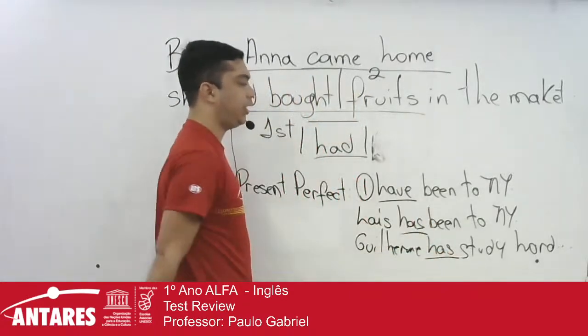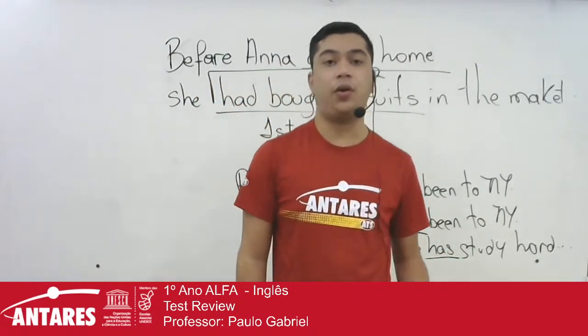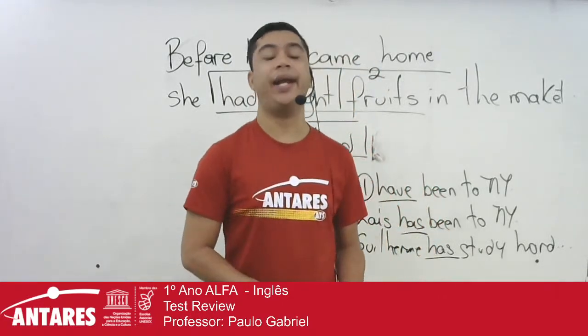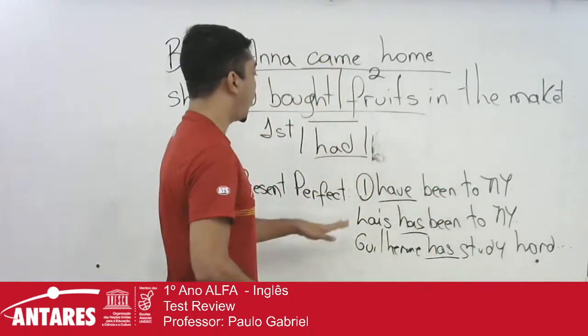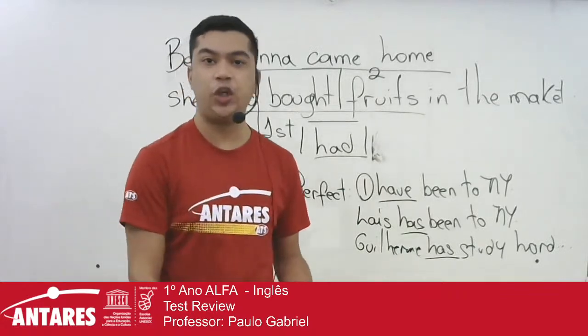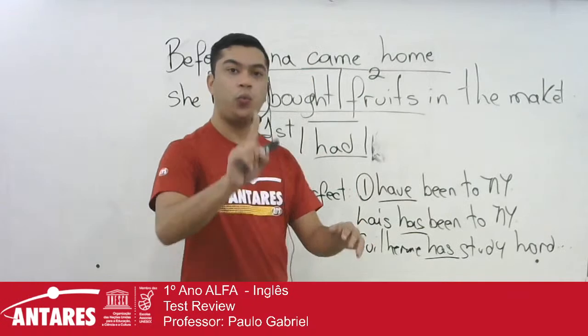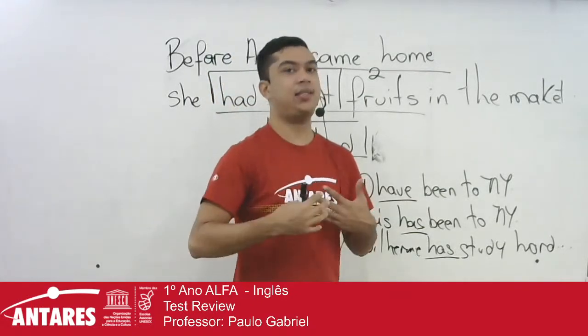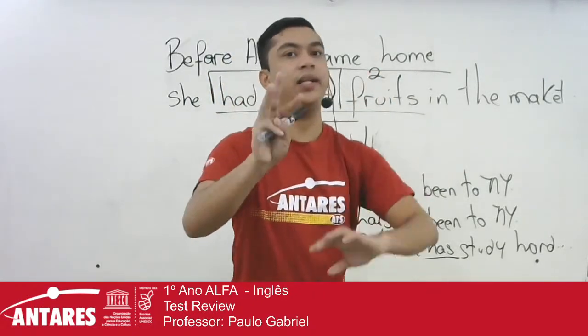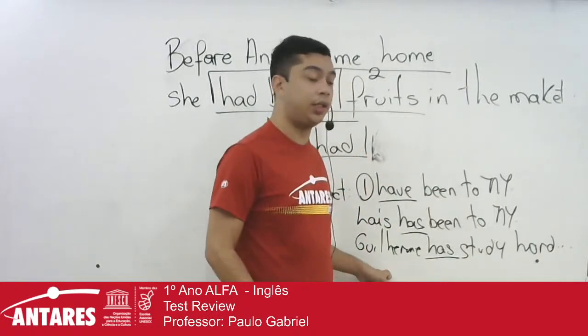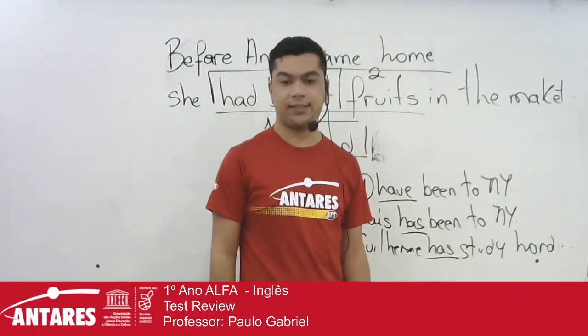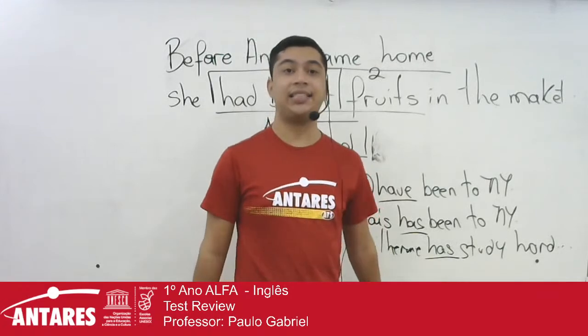So the auxiliary changes when I am talking about he, she, or it, okay? For the rest of them, I have, you have, we have, and they have. But when it comes to the third person singular, we put has. Okay?